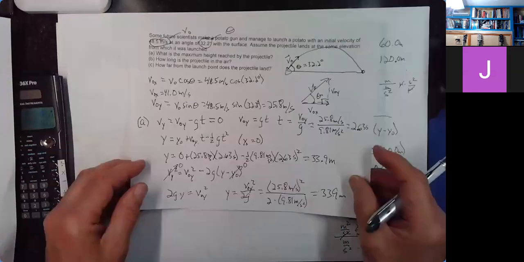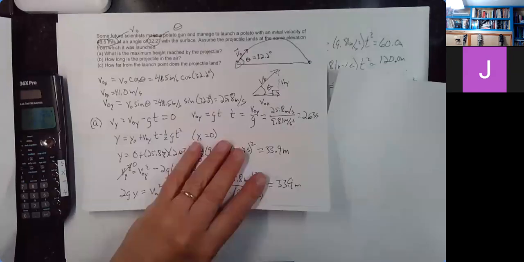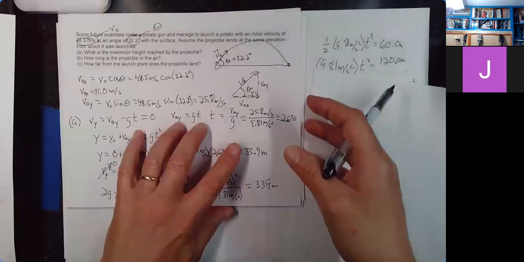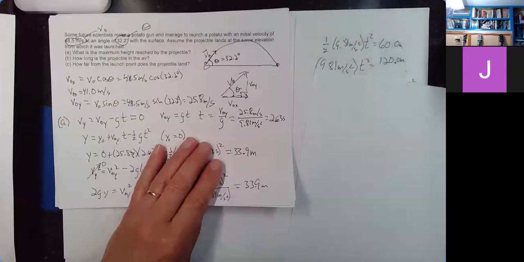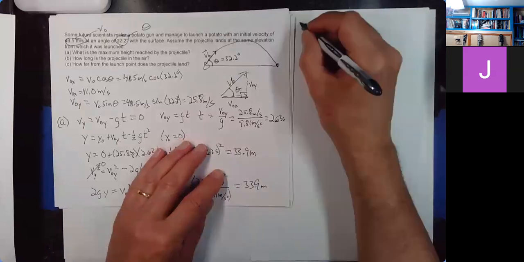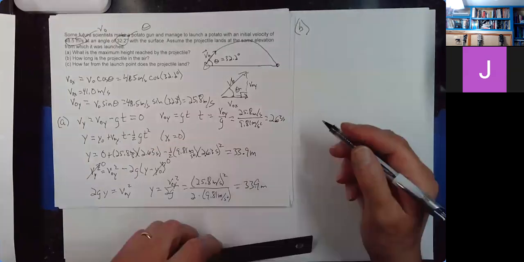Let's see, I'll get a clean piece of paper to do some more work on here. This will be for B. Got to be careful with this. It's only good when the thing begins and ends at the same point. But let's take a look at our equations for this thing.